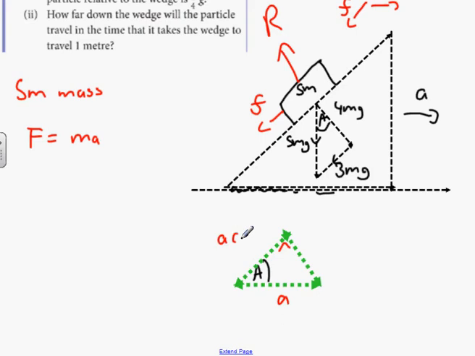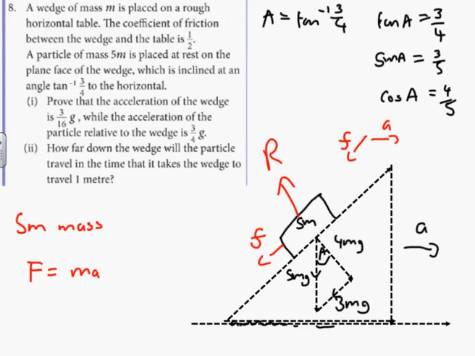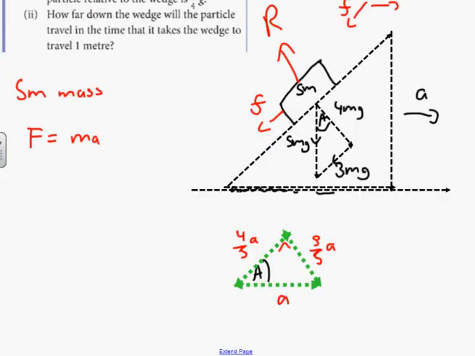A cos A, otherwise known as 4 over 5 A. And the other one? 3 over 5 A, or A sine A. Okay, so quite easily done. And that's it done there. Okay, so there is your acceleration triangle.